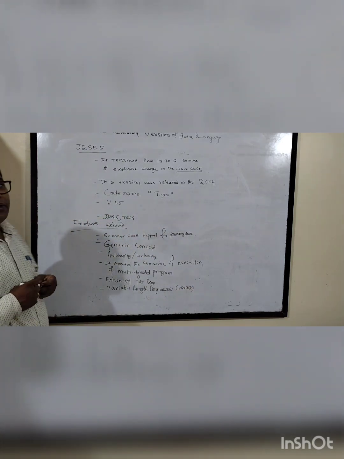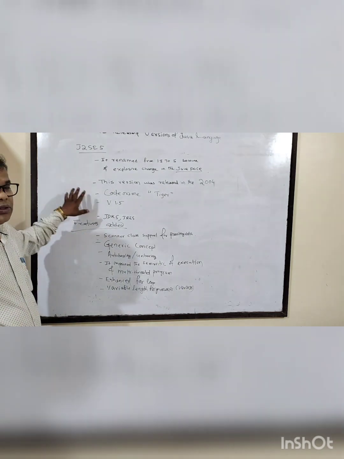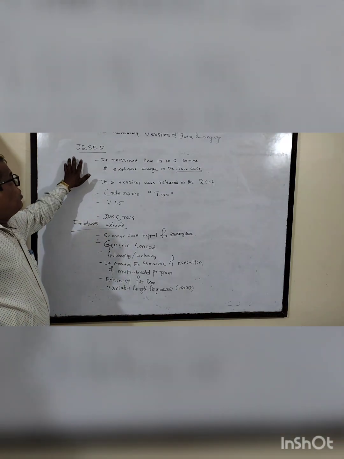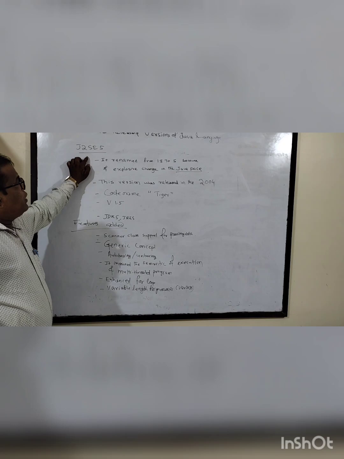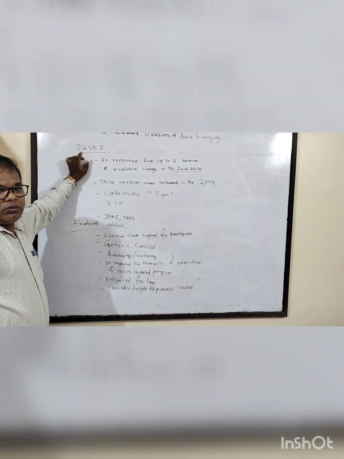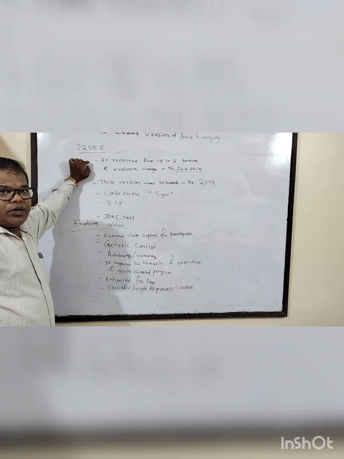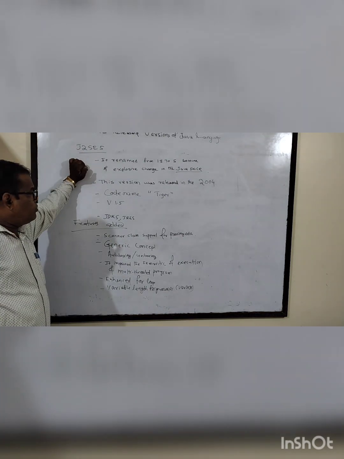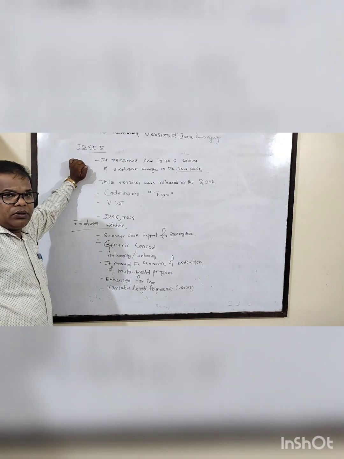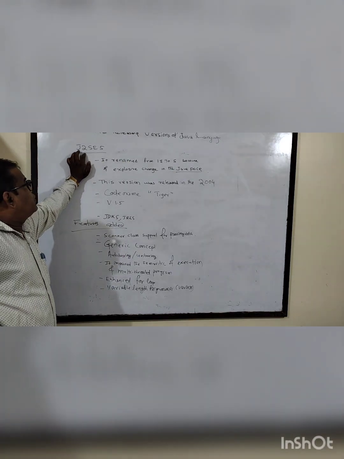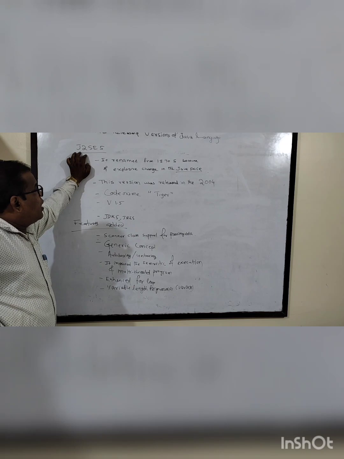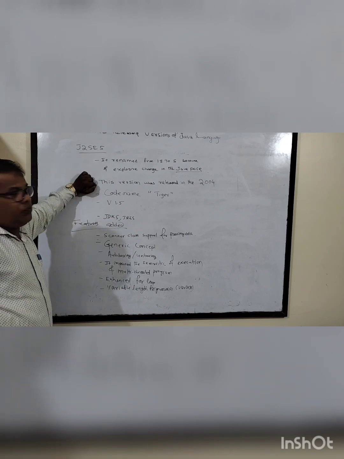Again I repeat, Java 2 Standard Edition 5 is the biggest revolution to the Java community, because a lot of changes were made in this version, and it was released in the year 2004.